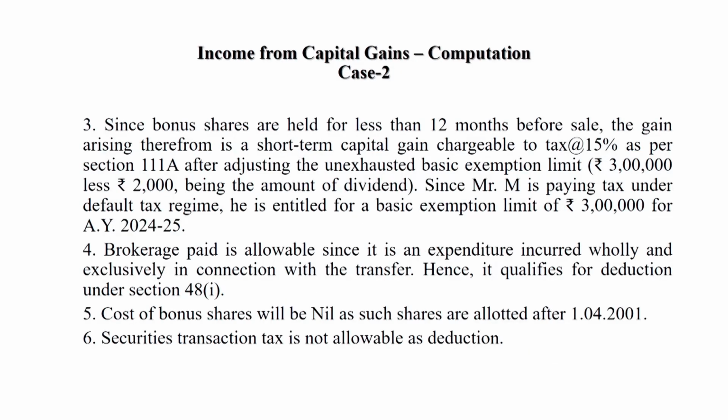Dear students, the next important point is, since the bonus share is held for less than 12 months before the sale, the gain arising therefrom is a short-term capital gain chargeable to tax at the rate of 15% as per section 111A, after adjusting the unadjusted basic exemption limit, rupees 3 lakh less rupees 2000 being the amount of dividend.